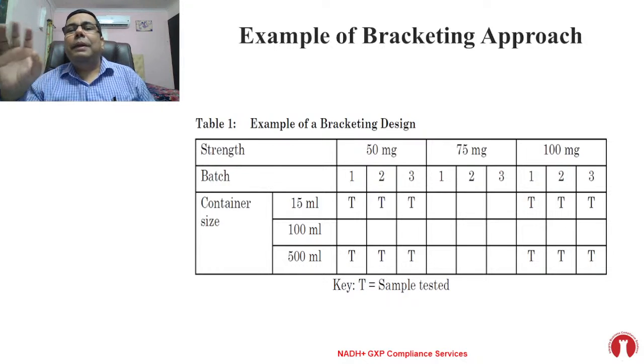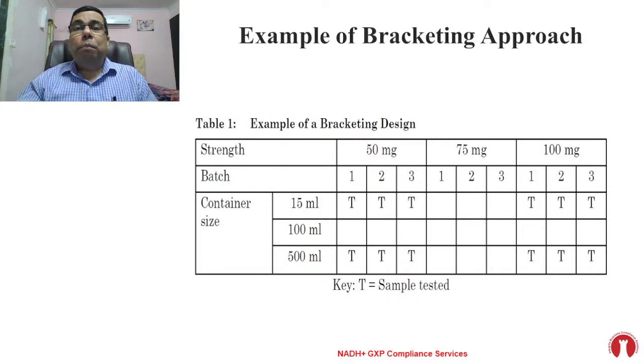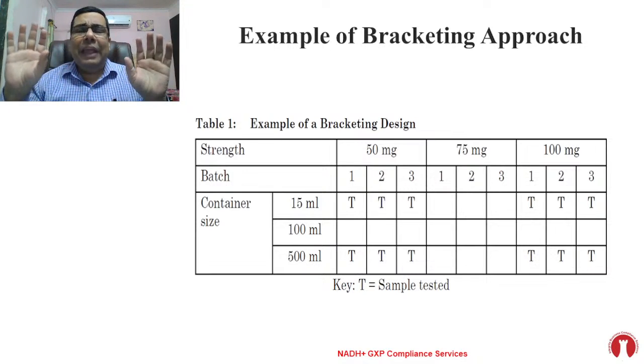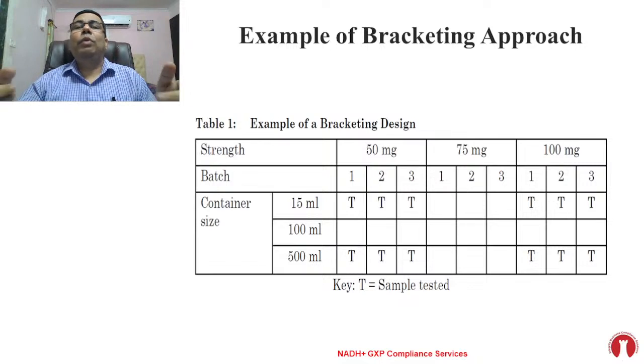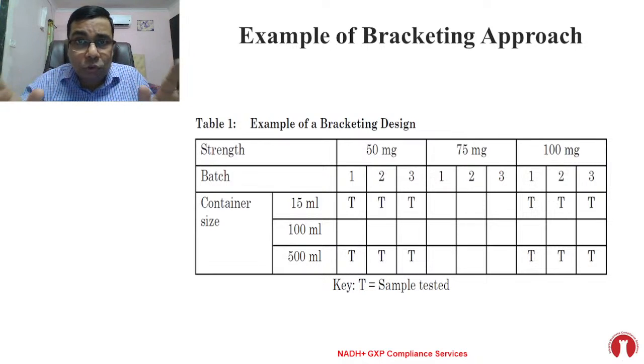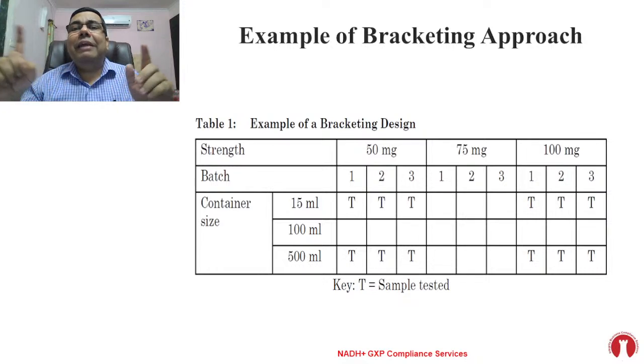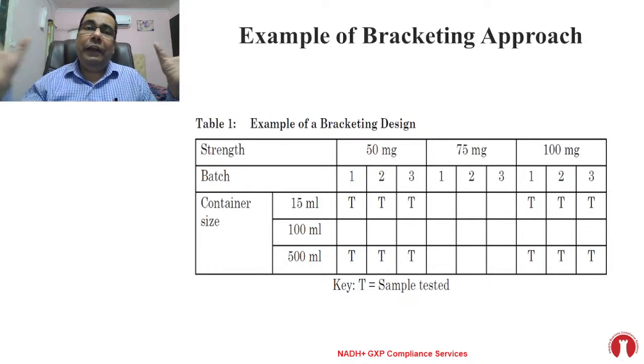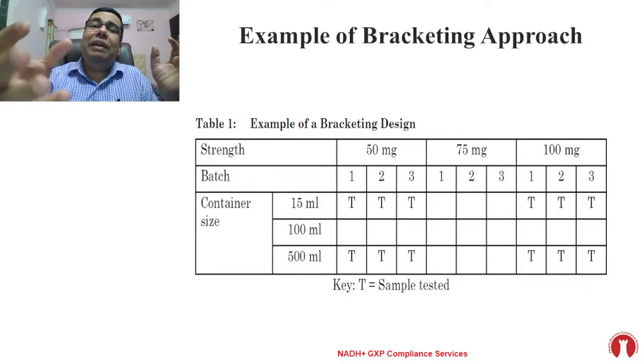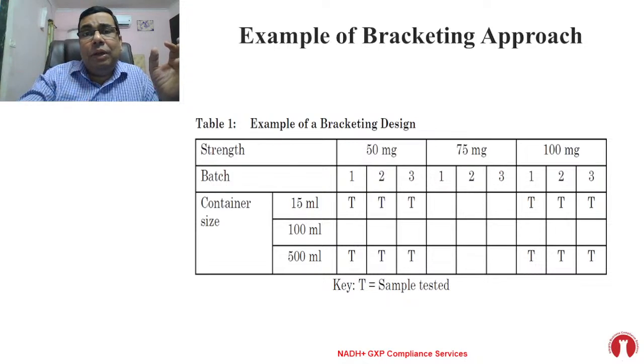You can see now, the point is what? For strength, there is exactly the same formulation, and then only will we be able to use this bracketing approach. Correct? As there is exact formulation, what we can do with 50, 75, 100? 50 and 100 are the extremes, so we will focus on 50 and 100, and we will consider 75 milligram as an intermediate level.